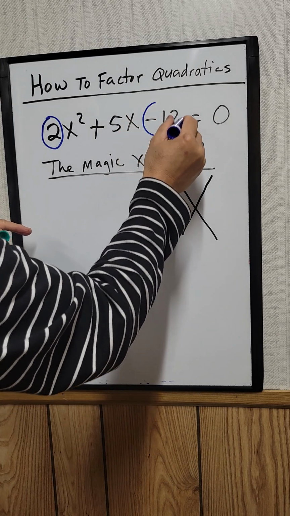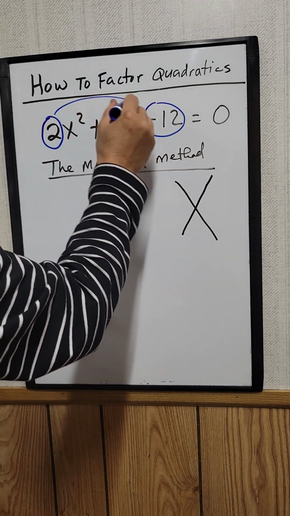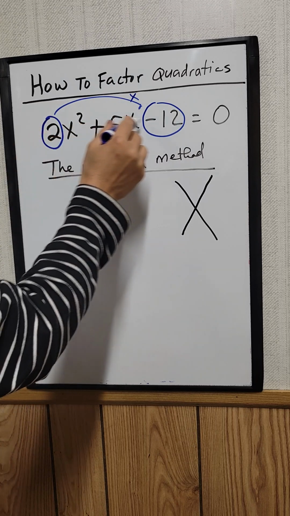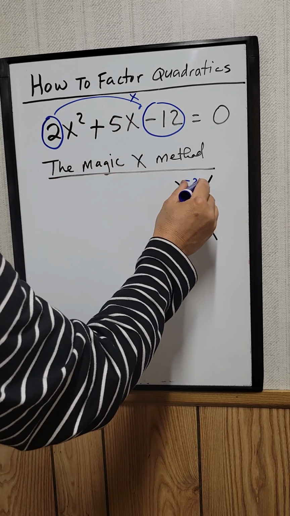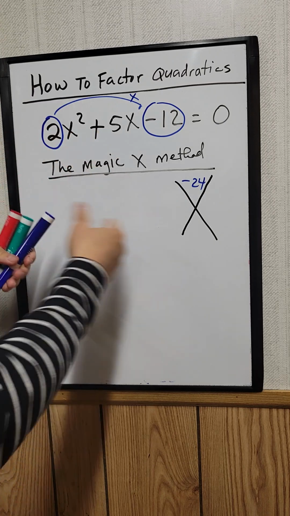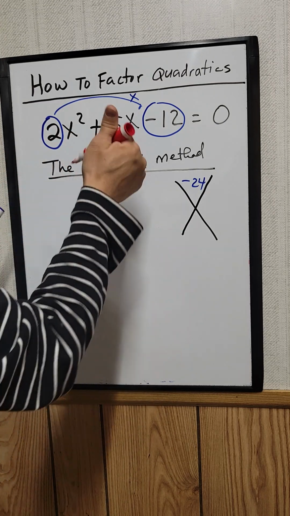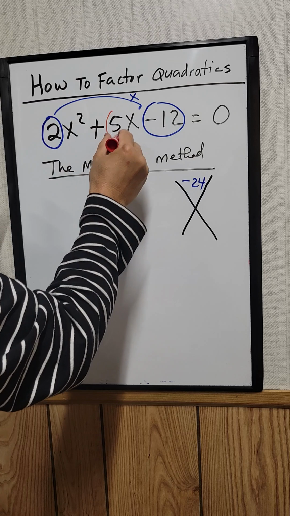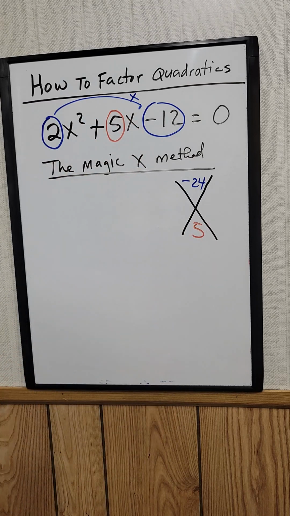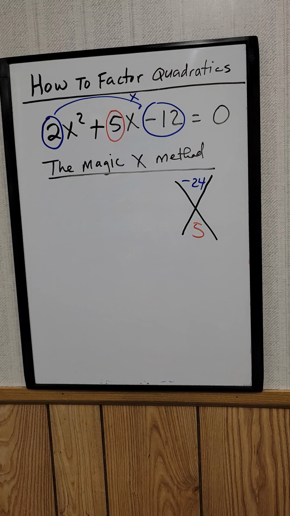The constant is negative 12. So 2 times negative 12 will be negative 24. And then the bottom one is just the coefficient of the second term, which will be 5.